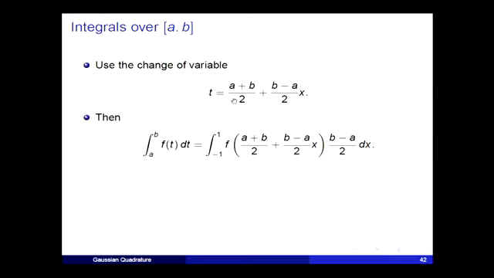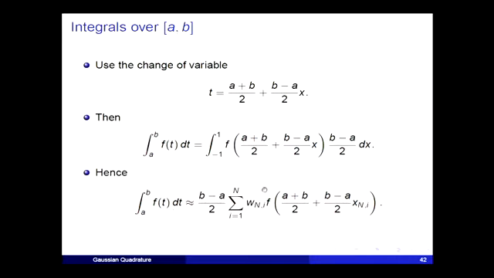Yeah? And then your integral will be transferred from a to b to minus 1 to 1. And you just apply the Gauss rule for this. Yeah? So this one, where do we get this one? Because dt equals (b minus a) over 2 dx. Yeah, so that is how you get these extra terms.